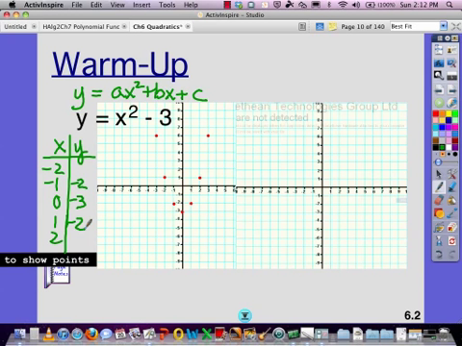Positive 2 was a 1, negative 2 was a 1. And if we went further, 3 gives 6, and negative 3 also gives 6. So you're seeing that symmetrical look that we've talked about in the past.